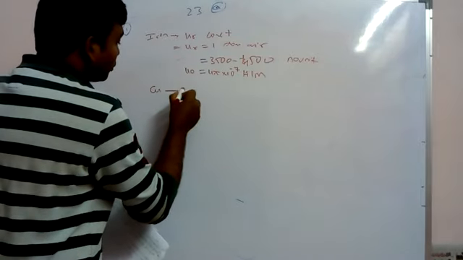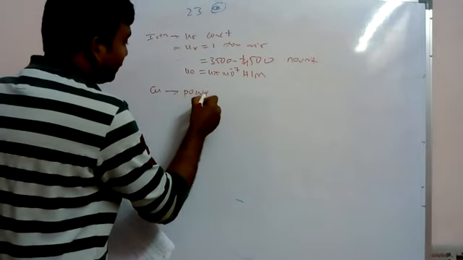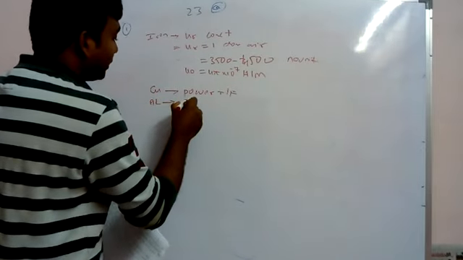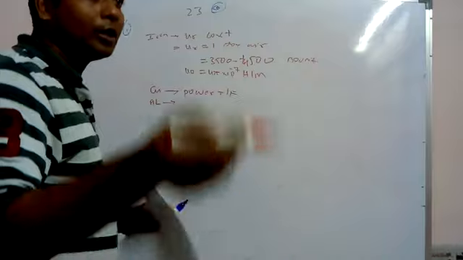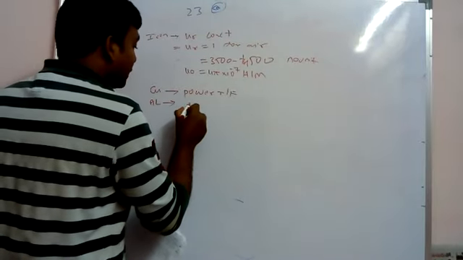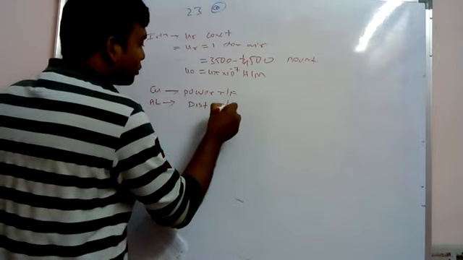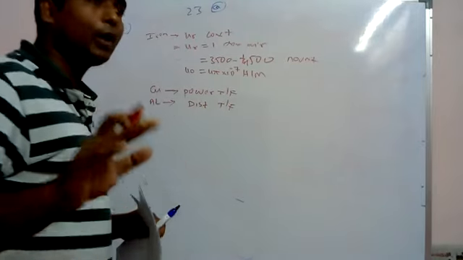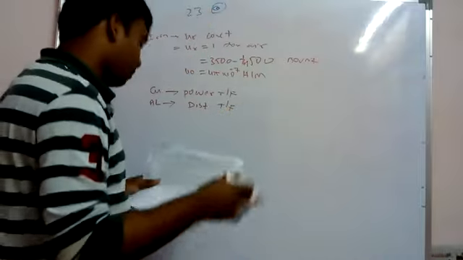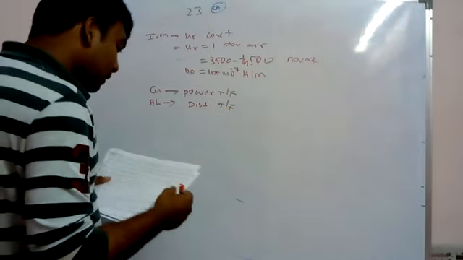See, copper is used for power transformers. I have discussed this earlier. If you haven't watched the video on the difference between power transformer and distribution transformer, go and watch. And aluminium is used for distribution transformers. So when solving GATE questions, try to recollect the theory parts in the question itself. Now we see what is given.